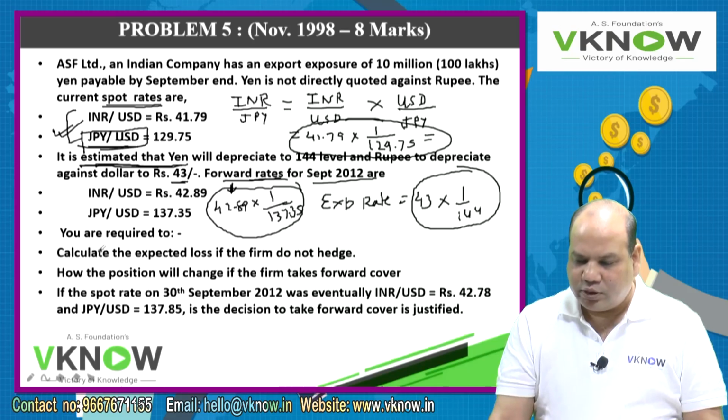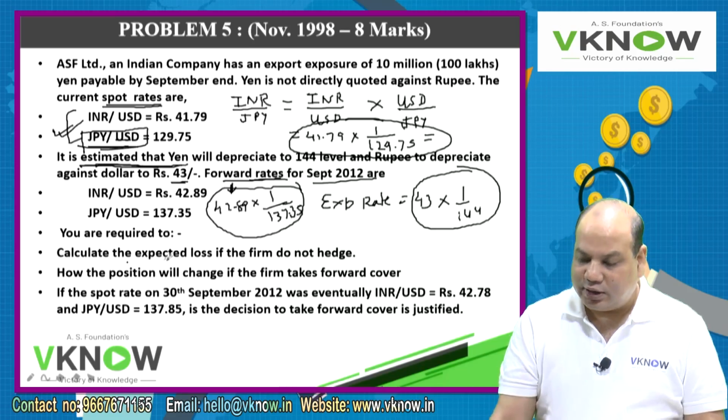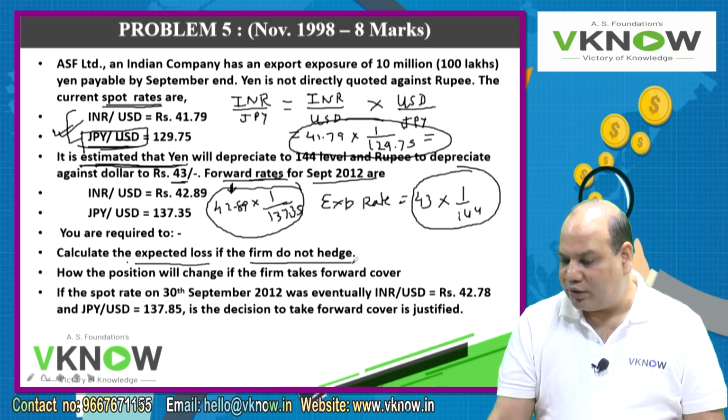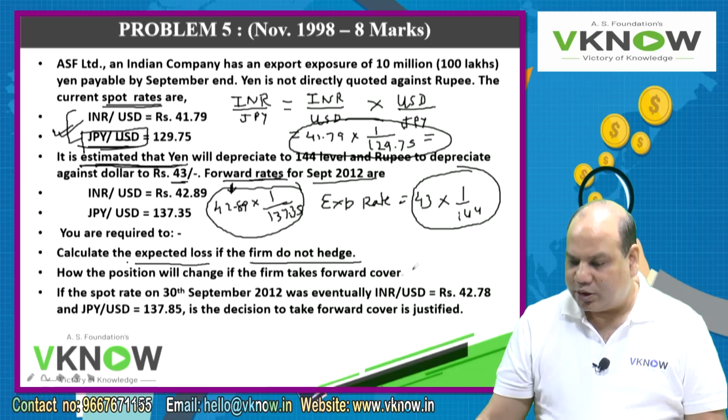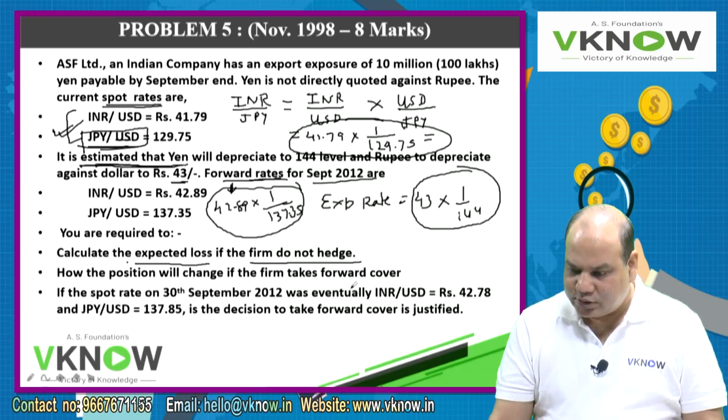You are required to calculate the expected loss if the firm does not hedge. So expected loss if the firm does not hedge means you will calculate first rupee inflow at spot rate, rupee inflow at estimated rate, and the difference between the two is your expected loss in the absence of hedging.